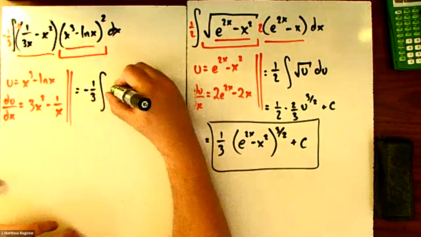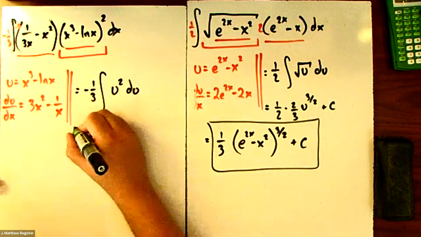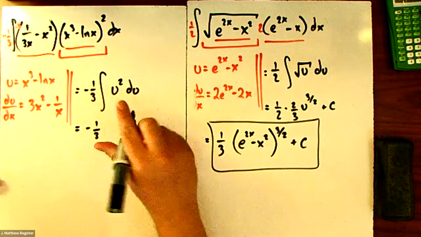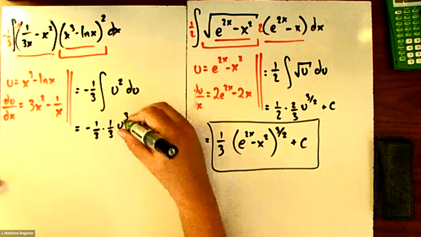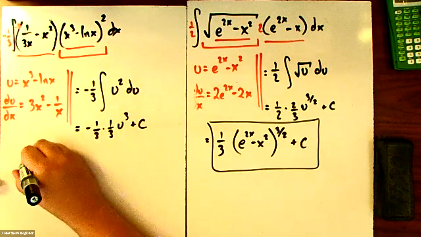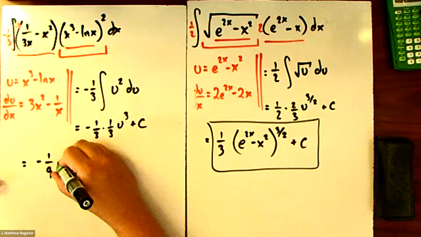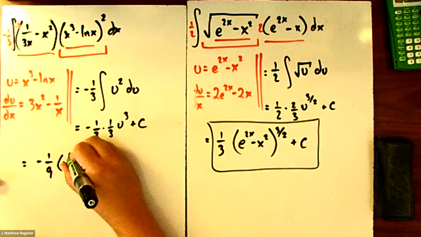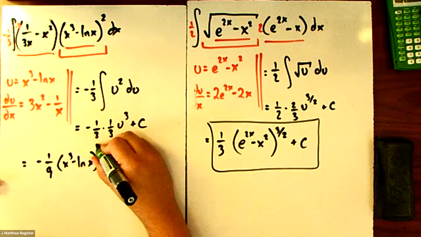That is going to be u squared. Which gives negative 1/3. The integral of u squared is going to go to a u cubed with another factor of 1/3. Which gives negative 1/9. And then it's going to be u, which is x cubed minus ln of x. And that is going to be to the third.